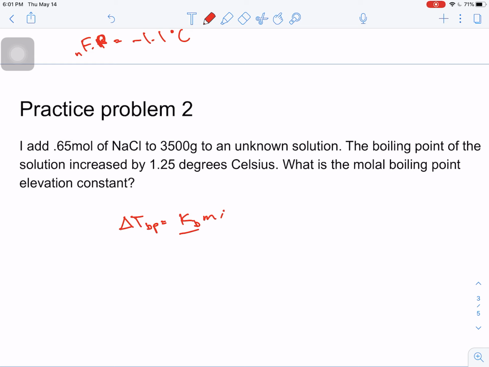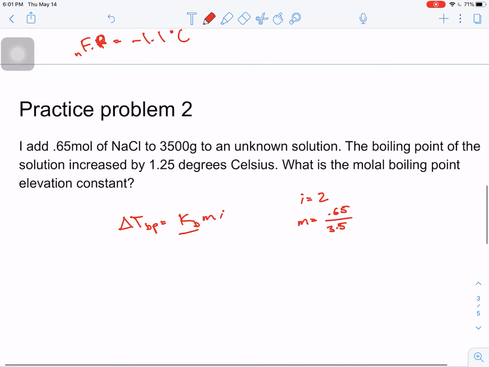Again, van't Hoff factor, my i is 2, because NaCl is going to dissociate into Na plus and Cl minus. For my m, I have 0.65 moles divided by, and remember, the bottom part has to be kilograms. So I have to change that to kilograms, so I'm dividing that by 3.5.